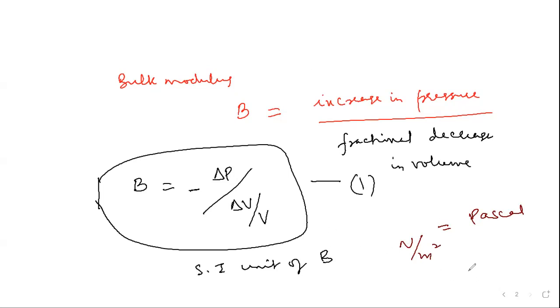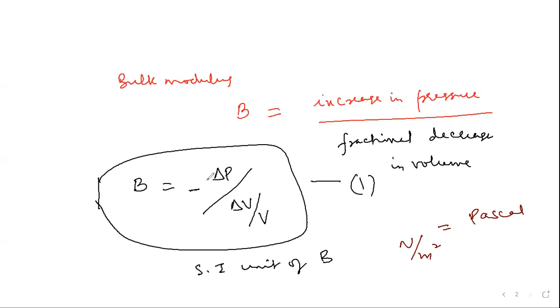Now we specify materials by bulk modulus. What does it indicate? It indicates if we increase pressure by some amount, what is the fractional change in volume in the body. So larger bulk modulus will indicate smaller fractional change in volume for a given change in pressure.